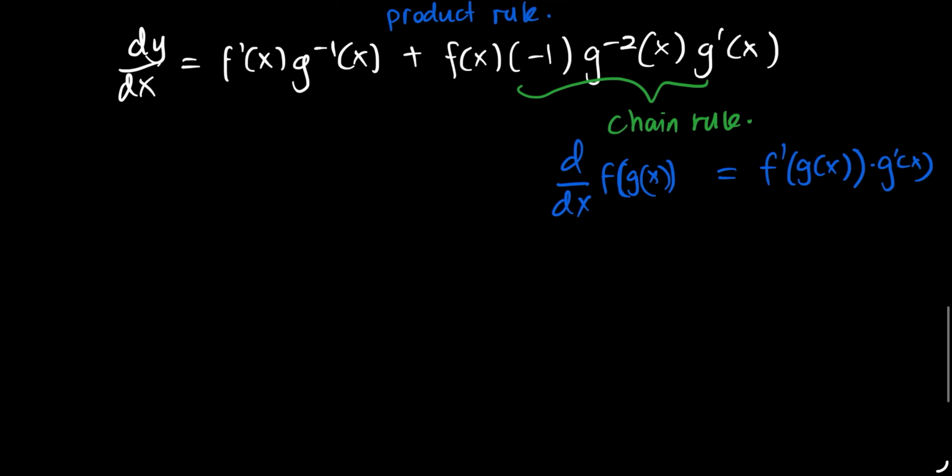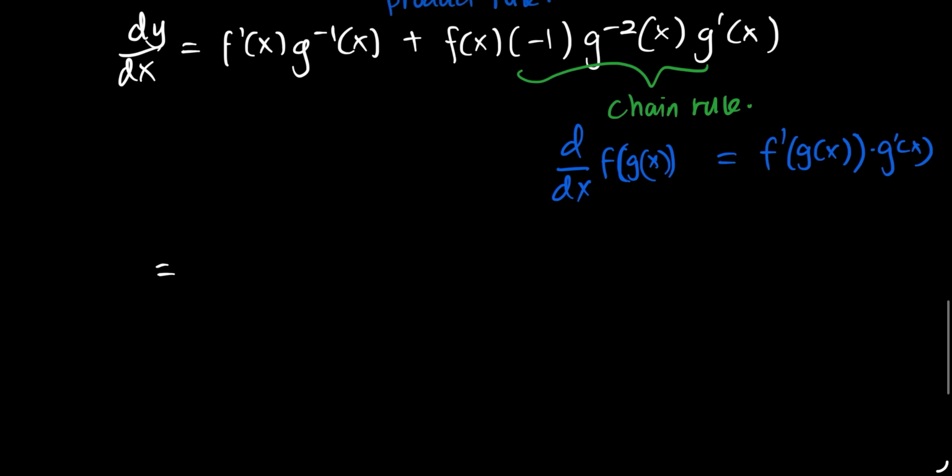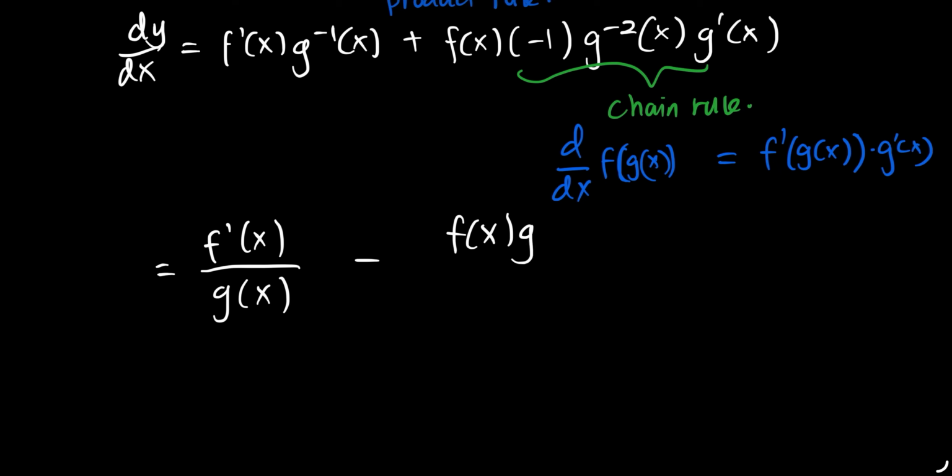Okay, so now we are going to express this as f prime over g(x) minus f(x) g prime(x) over g squared(x). I'm going to multiply here by g(x), here by g(x).